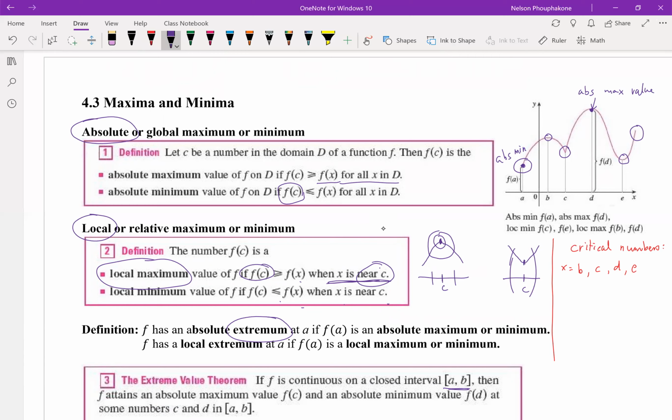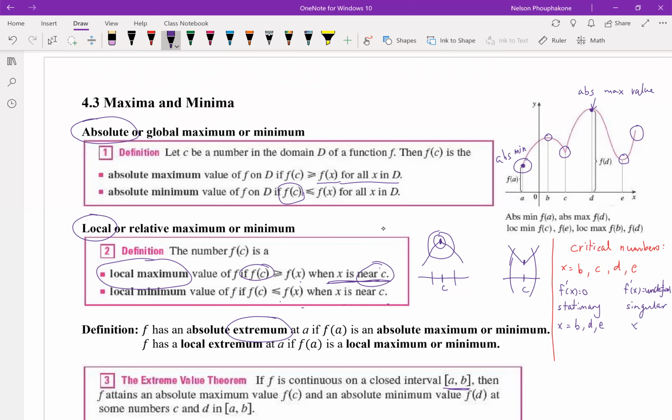Within these four critical numbers, again, if we have f prime of x equal to 0, then this is what we call stationary. Then I will have x equal to B, D, and E. And if f prime of x is undefined, then we call it singular.